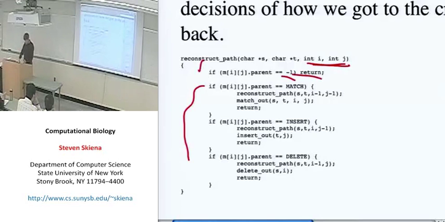Or my parent was either a match, an insert, or a delete. That tells me the direction of my previous cell. If it was a match, and I'm at i,j, my parent was at i-1, j-1. If it was an insert, my parent was at i, j-1. A delete, i-1, j.